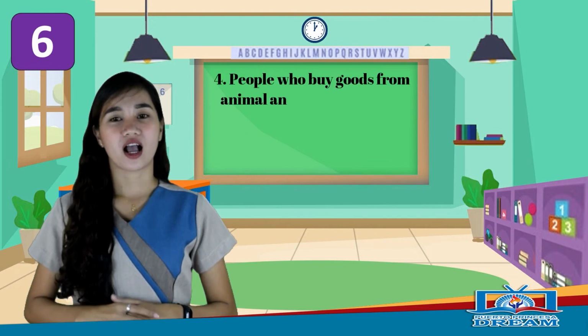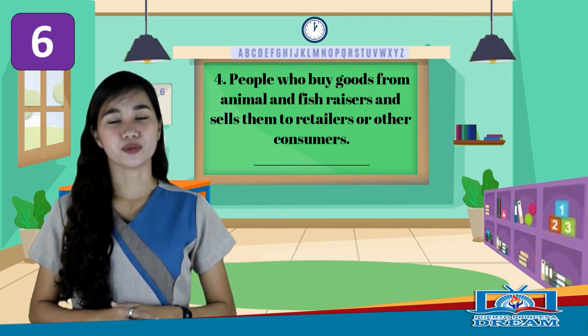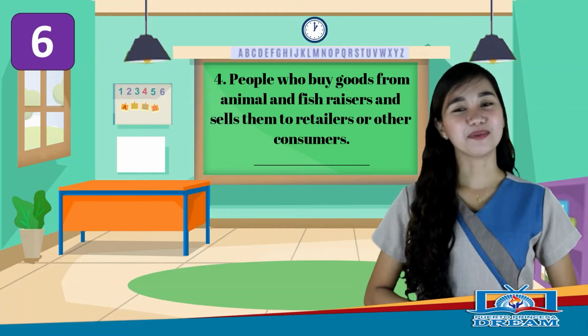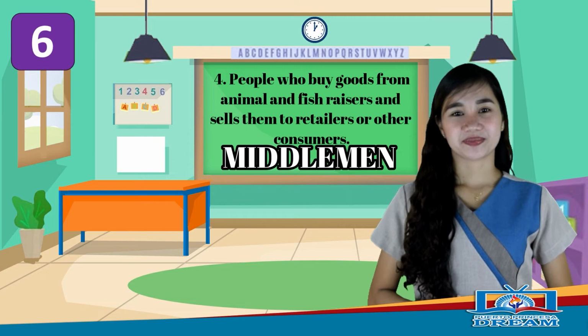Number 4. People who buy goods from animals and fish raisers and sells them to retailers or other consumers. Time's up. The answer is middleman.